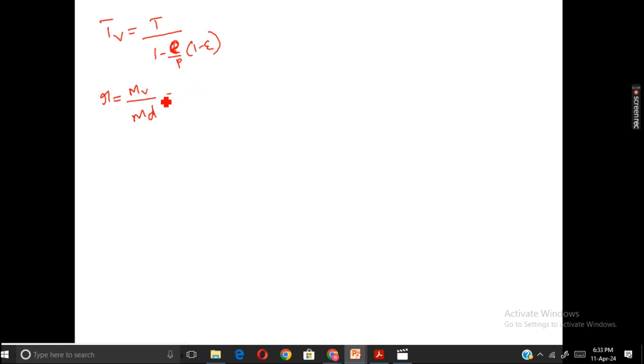Basically the vapor pressure, the pressure exerted by water vapor on a parcel, is the ratio of the number of moles of vapor to the total number of moles in that parcel, multiplied by the total pressure.